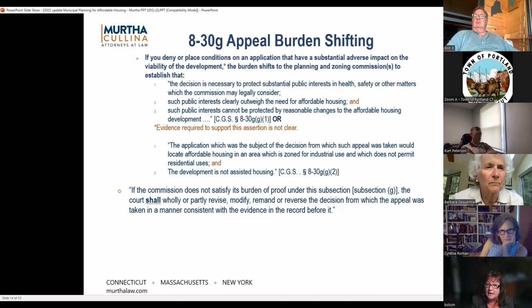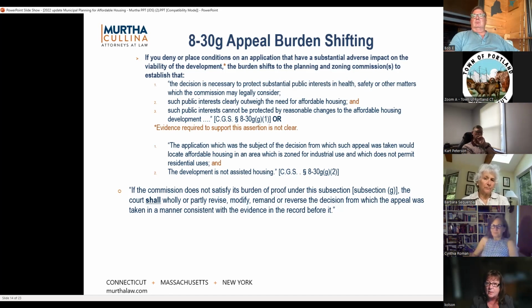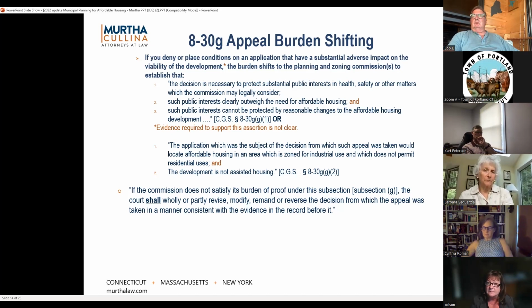And the burden is defined as necessary to protect substantial public interest in health, safety, or other matters which the commission may legally consider. What does that mean? Well, it means the Planning and Zoning Commission can't deny an affordable housing application because it's going to impact wetlands. That's not within your jurisdiction, right?